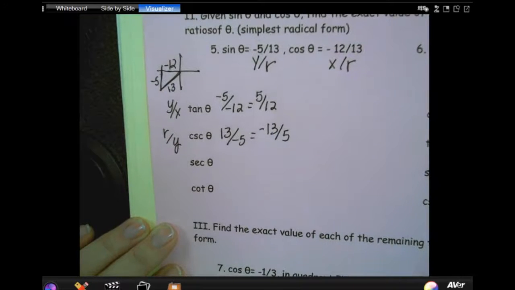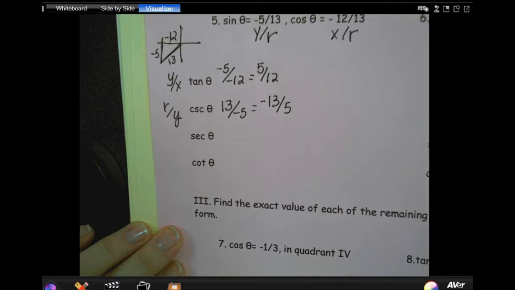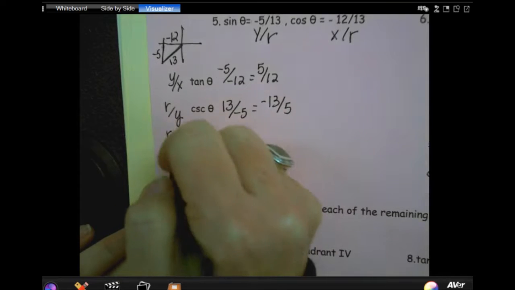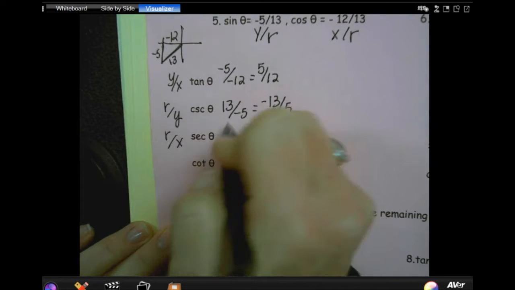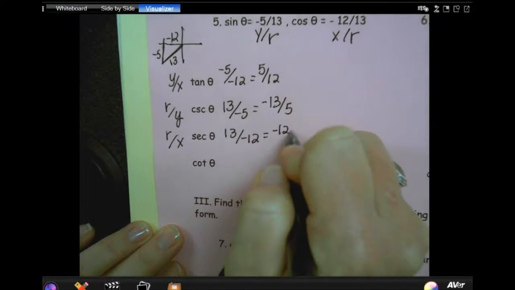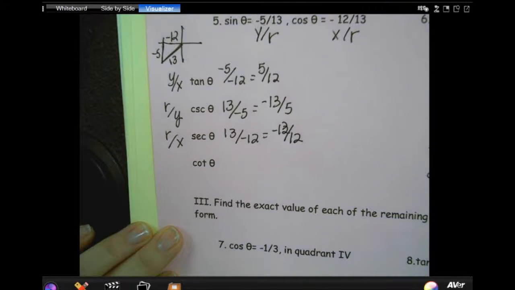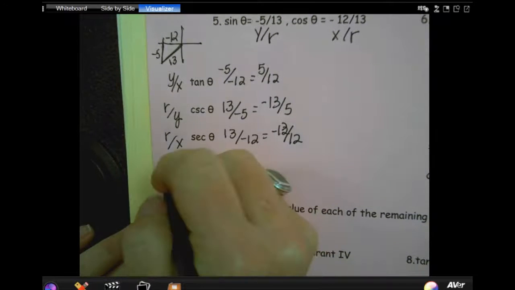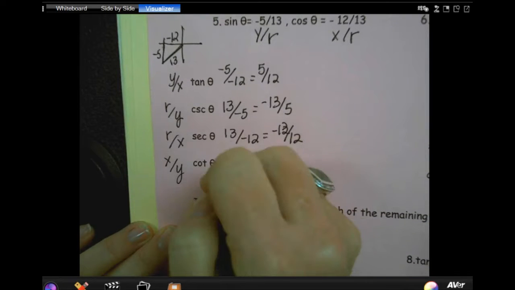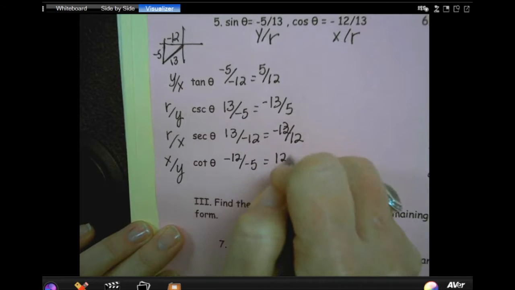It doesn't. The secant is going to be the inverse of the cosine, which is going to be r over x. So that's going to give me 13 over negative 12. And the cotangent? X over y. So that's going to give me negative 12 over negative 5, which is 12 over 5.